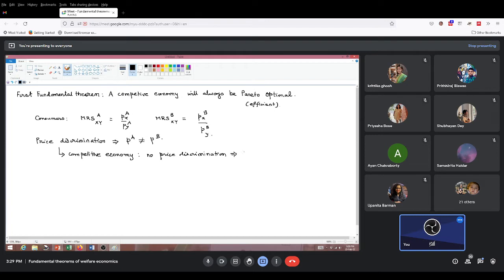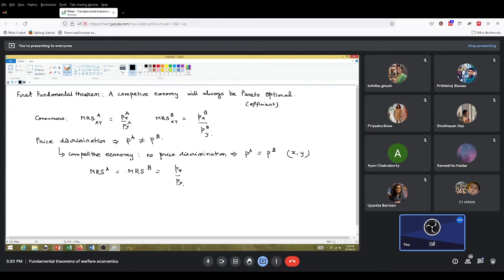So, PA is always equal to PB for both X and Y. Okay. So that means these two ratios will be identical. PAX is equal to PBX, PAY is equal to PBY.